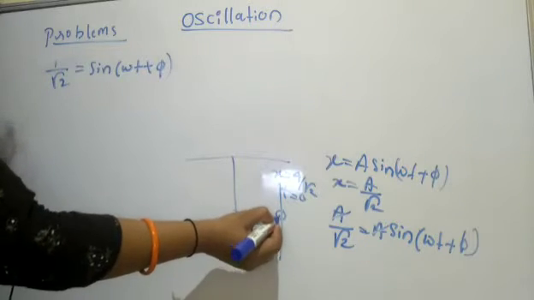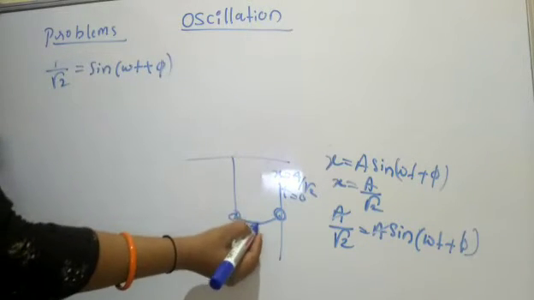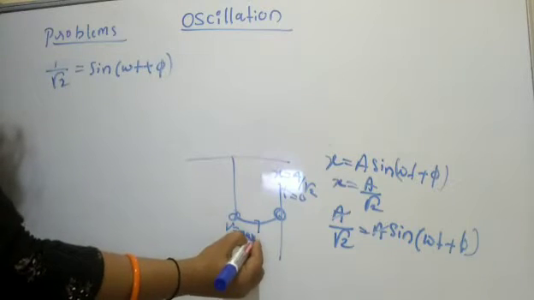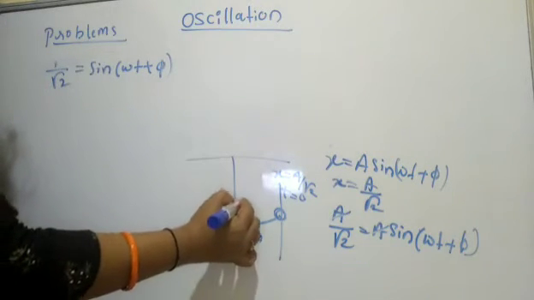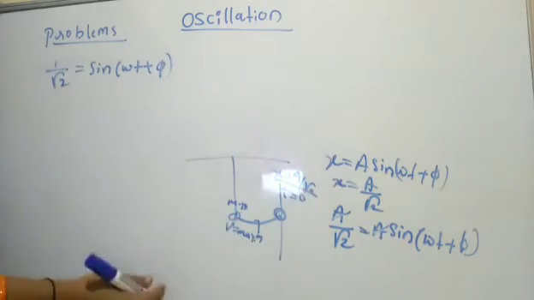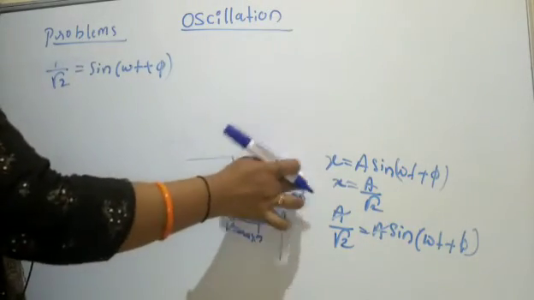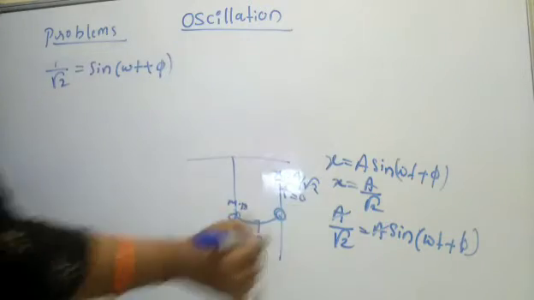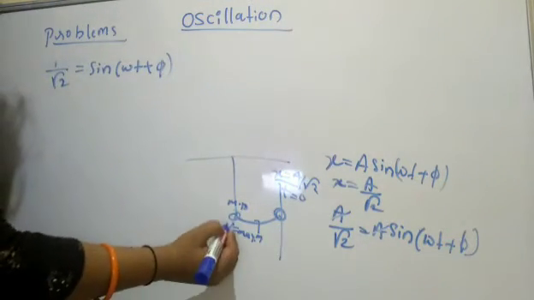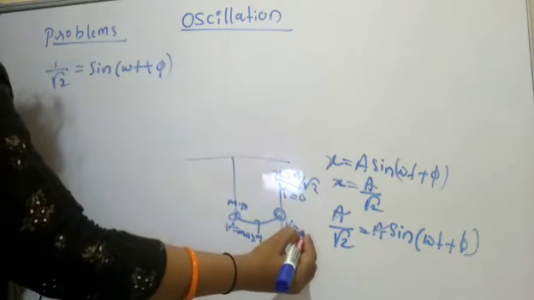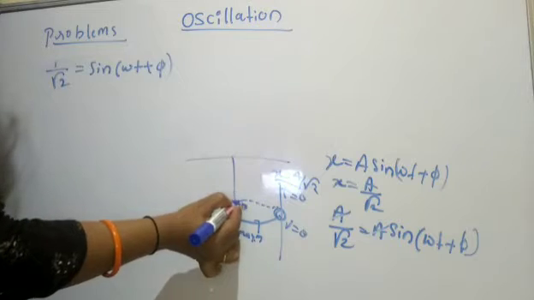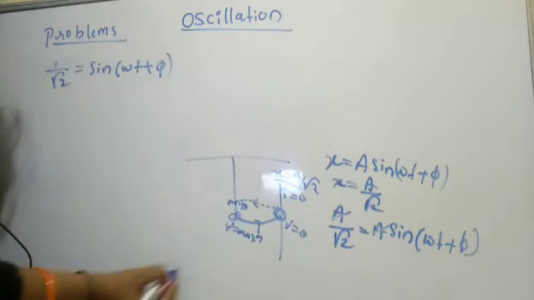When it is moving in the positive direction, its velocity is maximum at the mean position and goes to 0 at the extreme position, x equal to a by root 2. And it will not stop there. It will come back to the mean position, right?